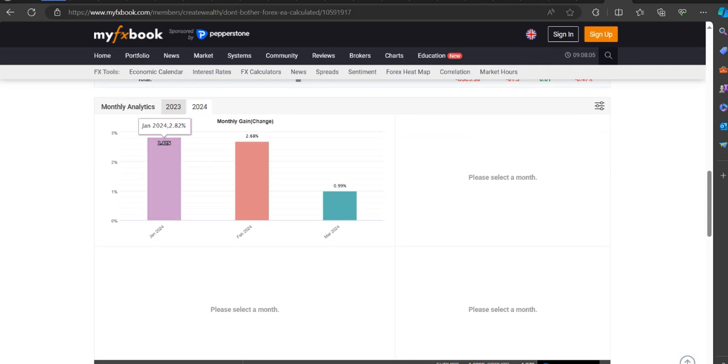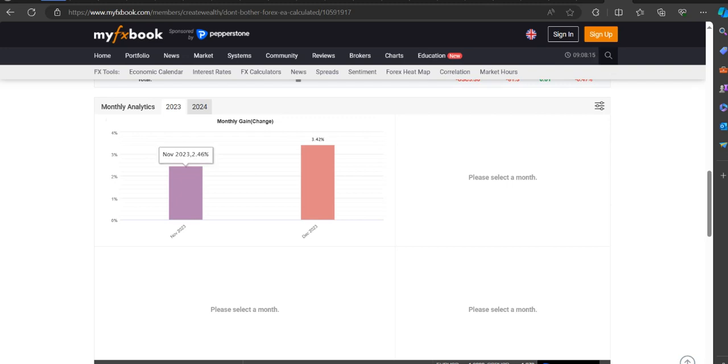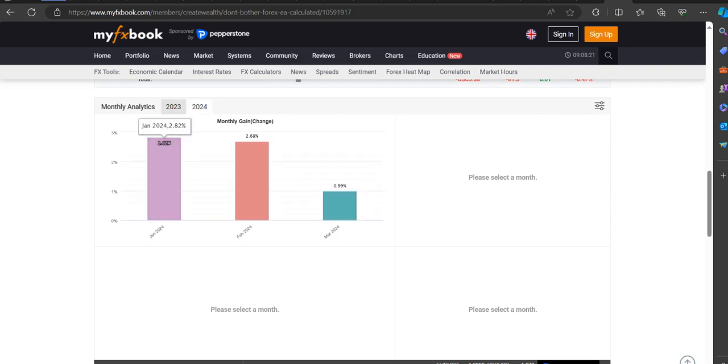Based on month-wise, in 2023 we started on the 13th of November. It was 2.46 in November, 3.42 in December. In January it's again 2.82, in February we made 2.68, and March it's almost 1% so far.